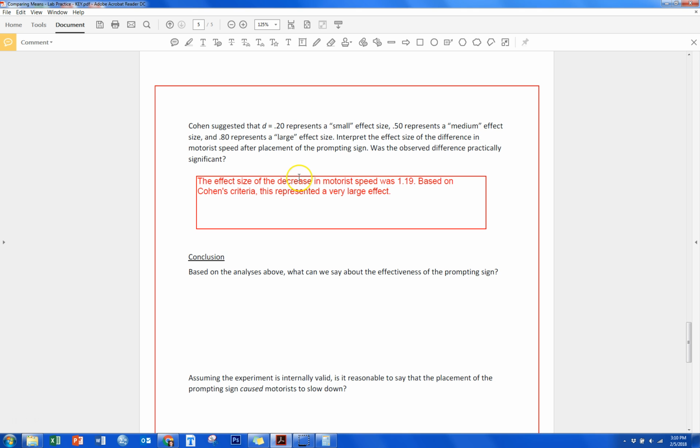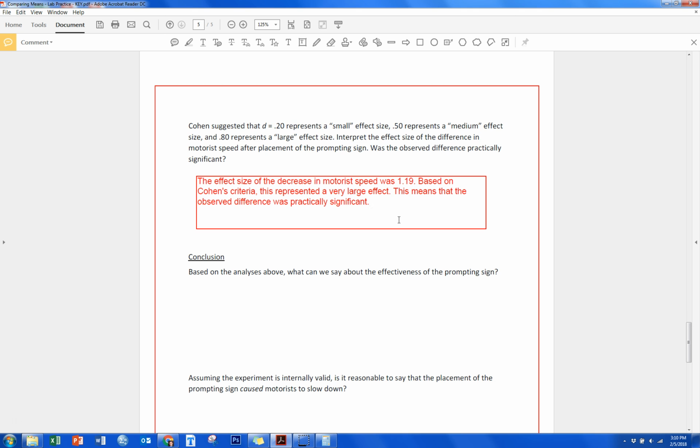So 1.19 is much bigger than 0.8, which is large, so this is a very large effect. What does that mean? This means that the observed difference was practically significant. So it was statistically significant, and it was practically significant.